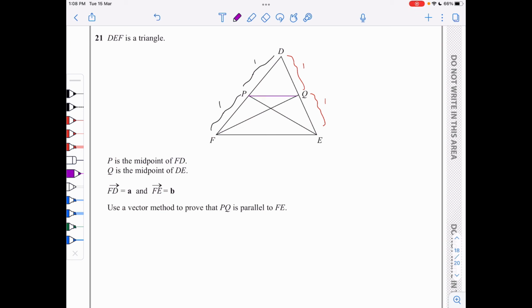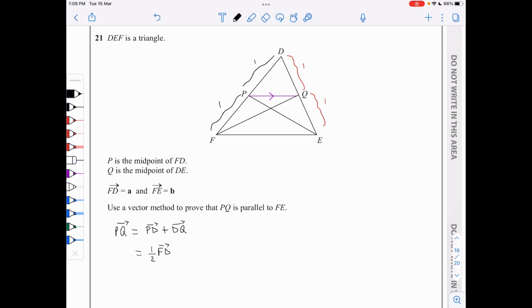So all I'm trying to do here is find vector PQ in terms of a and b. So I can start by saying that PQ is equal to PD plus DQ. Now, going from P to D is the same as going from F to D, half the distance. So this is half of FD.